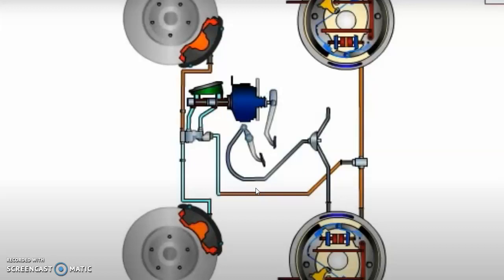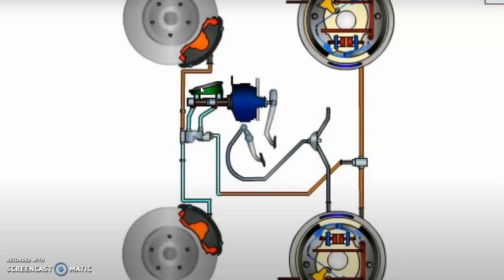First of all, I want to elaborate on the constructional part. Here you can see the brake pedal, and here we have the master cylinder. In the master cylinder we have two ports, one is the intake port and another is the bypass port, and on top of the master cylinder we have a reservoir.